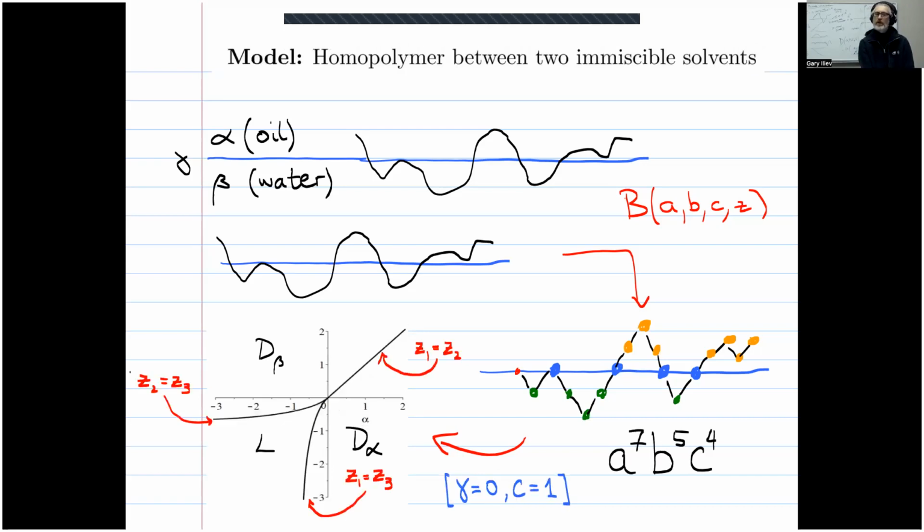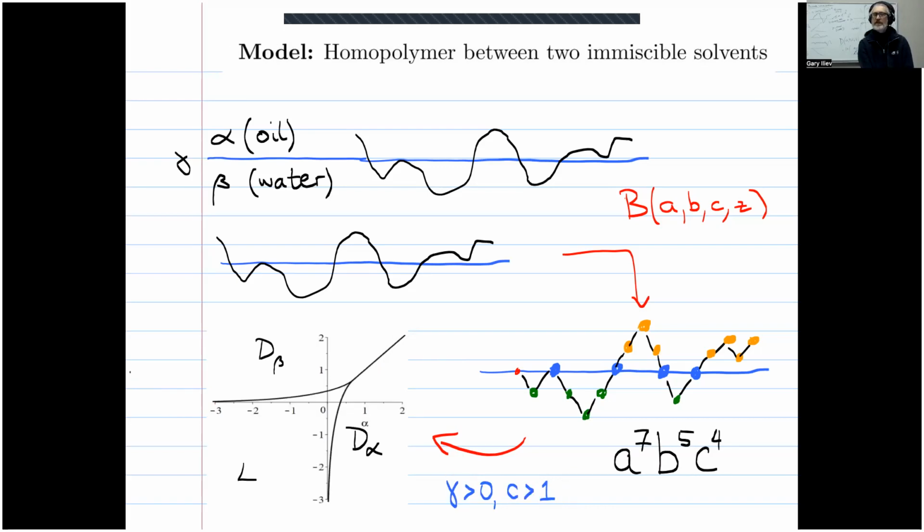We can make sense of this change, because if C is greater than 1, then we're positively weighting the configurations that have vertices in the interface. So the localized region should grow, and I can understand the movement of these phase boundaries in accordance with what my model is doing.